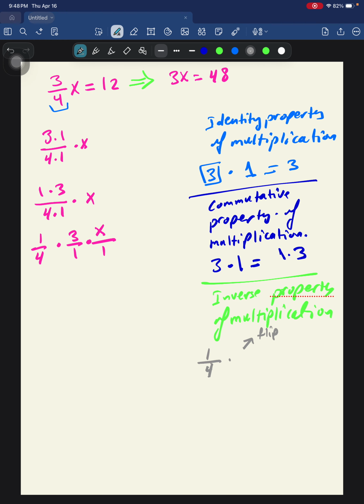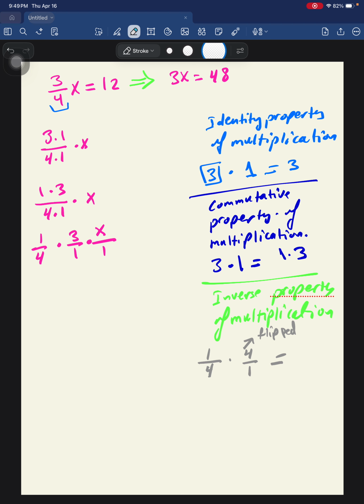So we need 1/4 multiplied by 4 over 1. If you take the number and flip it, the answer should be equal to 1.